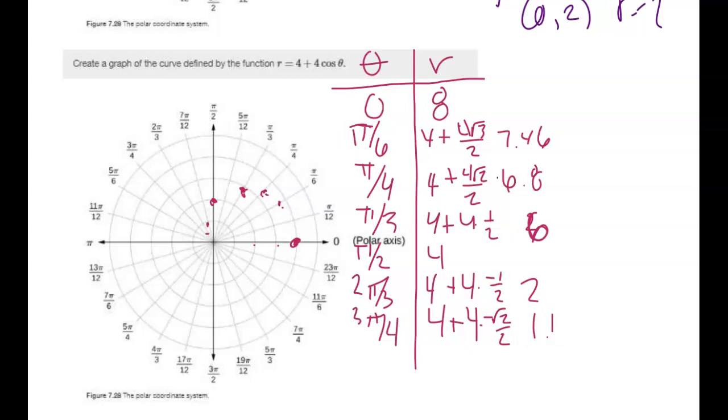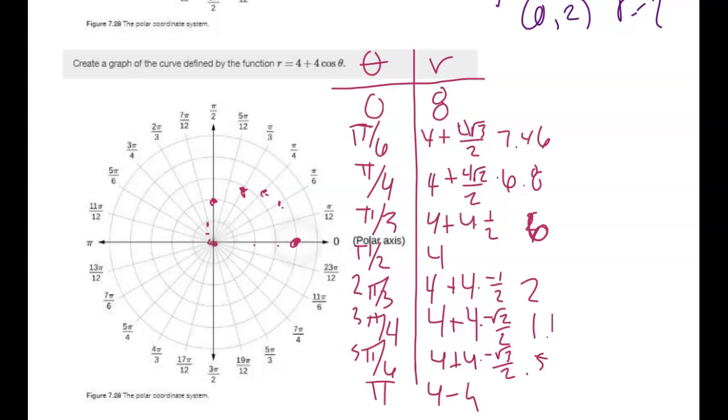Okay, and then I get to 5 pi over 6, which ends up being 4 plus 4 times negative root 3 over 2. That's about half, so it's getting really, really close in here. And then when I get to pi, I get 4 minus 4, which is 0.